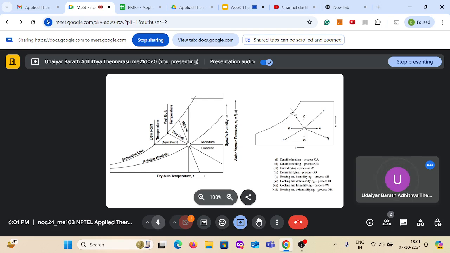So your air conditioners, you have an evaporator inside that essentially cools the air which is there inside the room. So this air is not just pure air, but it's a mixture. So you have a mixture of nitrogen, oxygen, and so on. These are all dry components, and you also have some amount of moisture present in the air.